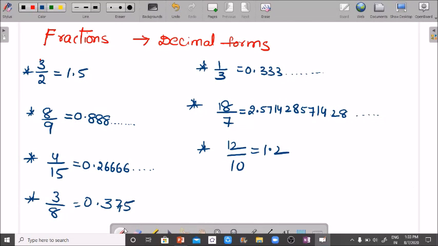No. Some are terminating. This is a terminating decimal. When the remainder is 0, the division process ends, so this is a terminating decimal.